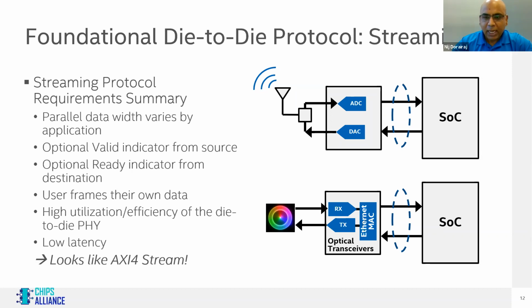The main goal is to keep the utilization very high on these lines, and you want this to be low latency. This is exactly what AXI4 Stream offers, and that's one of the reasons why we picked AXI4 to build the die-to-die connectivity. Next slide.